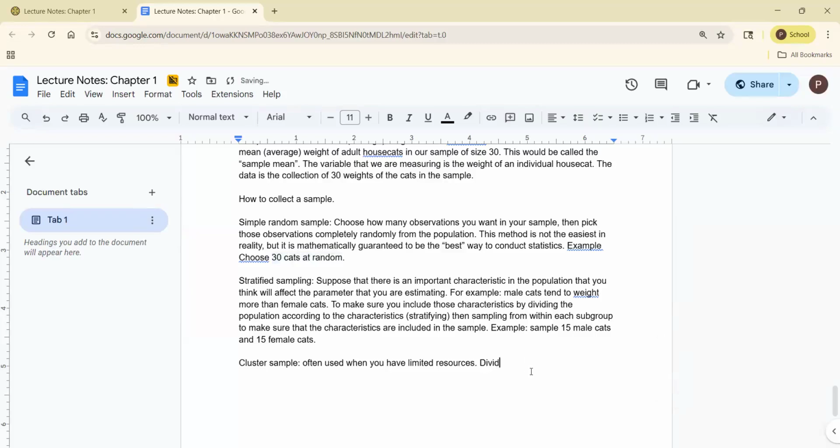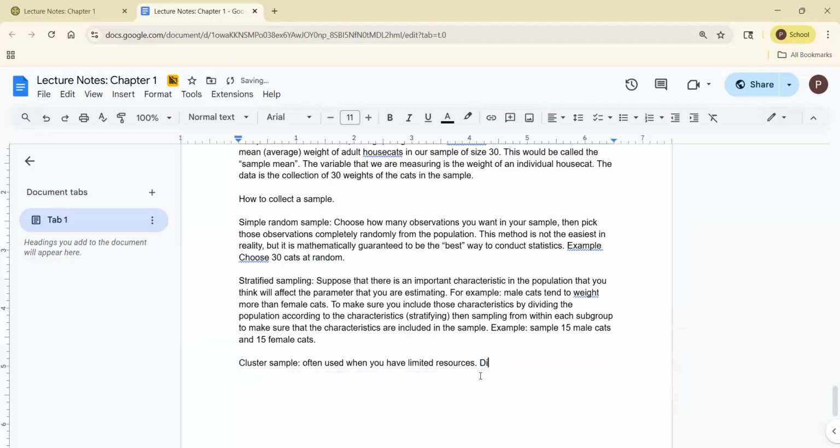So instead, divide the city into sectors, let's say 100 sectors. Choose a simple random sample of the sectors.